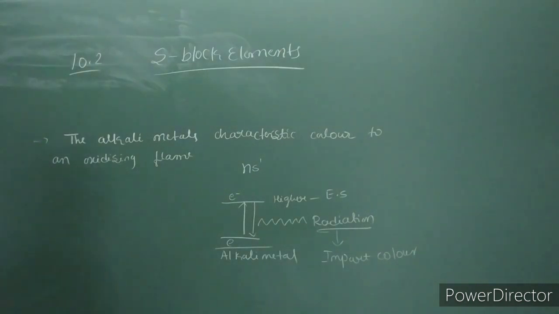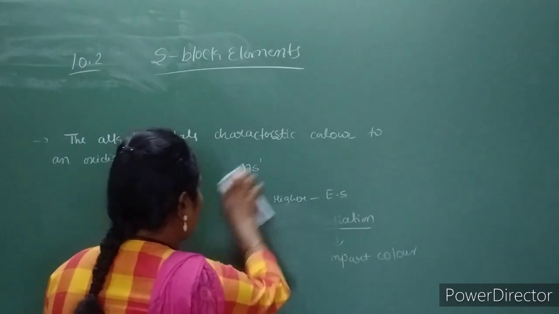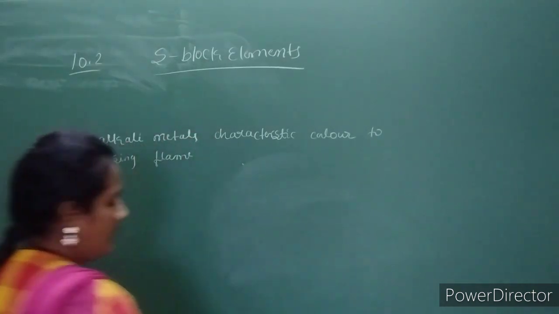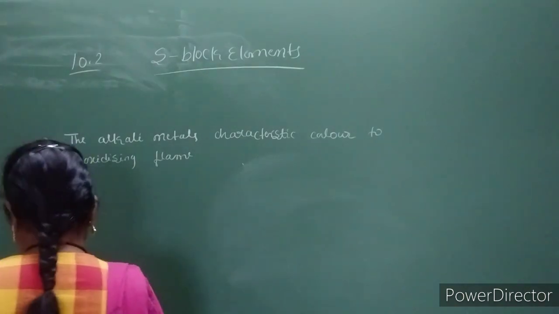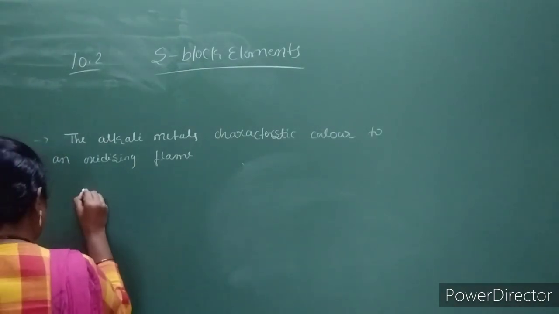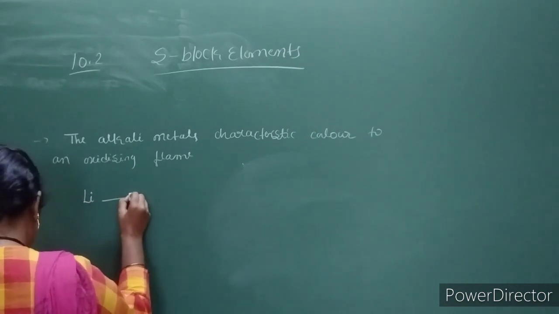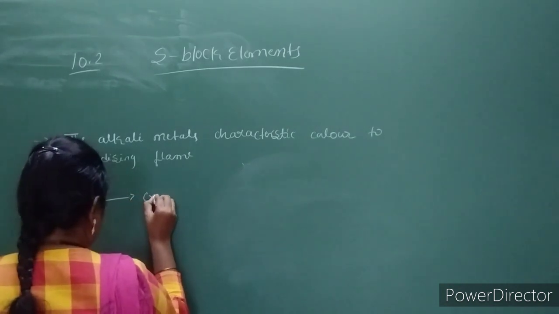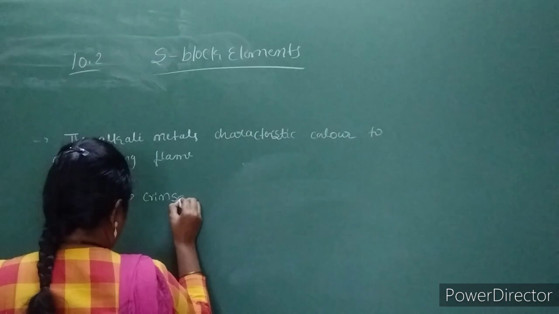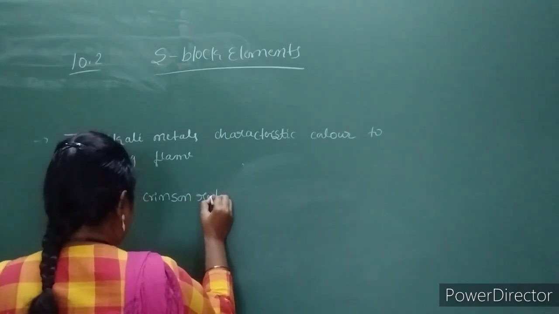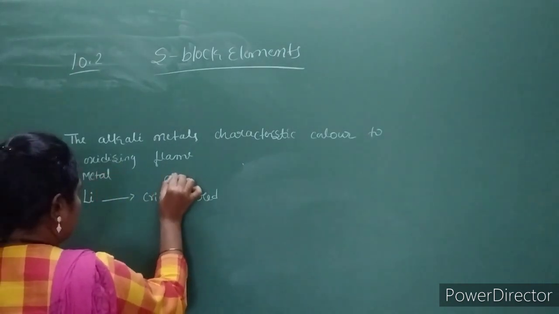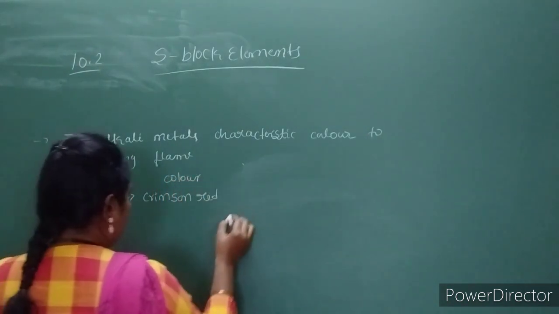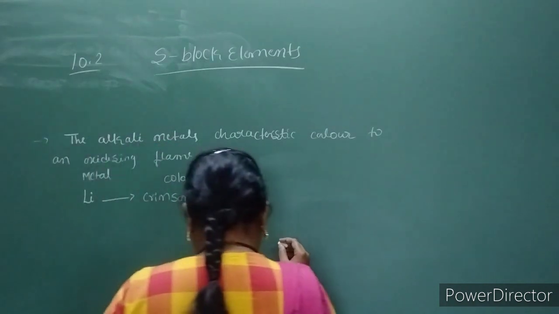We will write the different colors shown by the different alkali metals. Lithium shows crimson red color. This is the metal, this is the emitted color, and next is the wavelength.